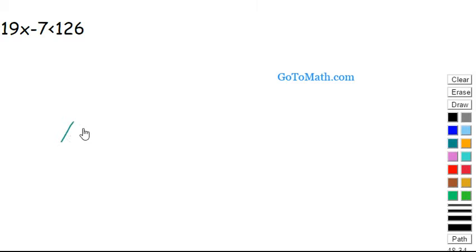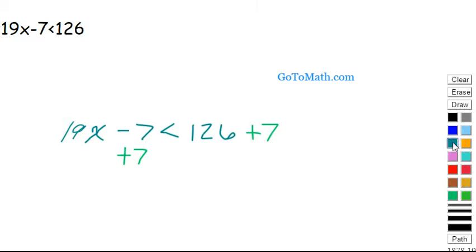So we have 19x minus 7 is less than 126. So we're going to add 7 to both sides. Add 7 to both sides.